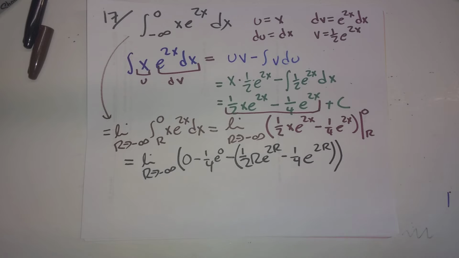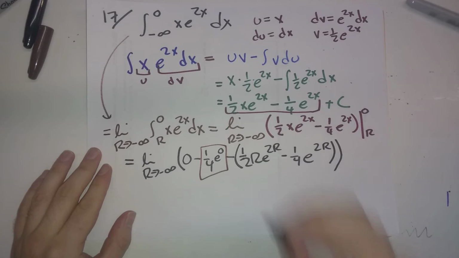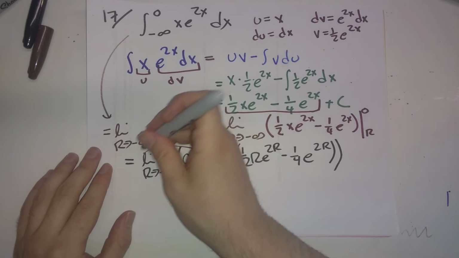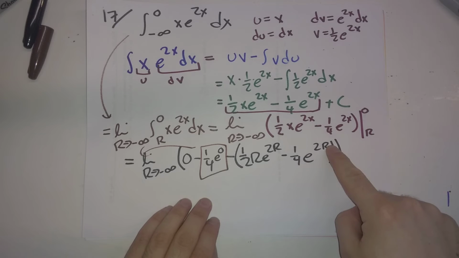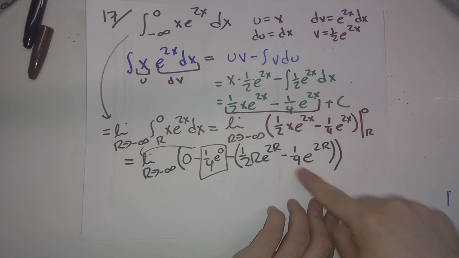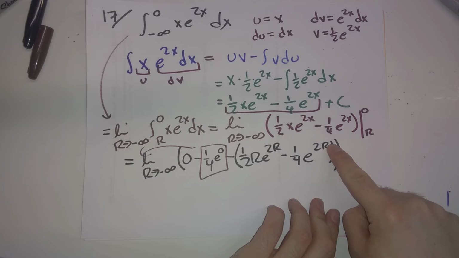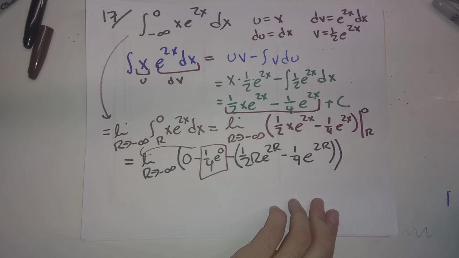Okay, so now it's time to look to see what's going on with the limit here. Well, that's just a constant, just minus 1/4. We can move that outside the limit. When we take the limit as r goes to negative infinity of this term here, e to the 2r, that goes to 0 as r goes to minus infinity. And so this term is going to go to 0.